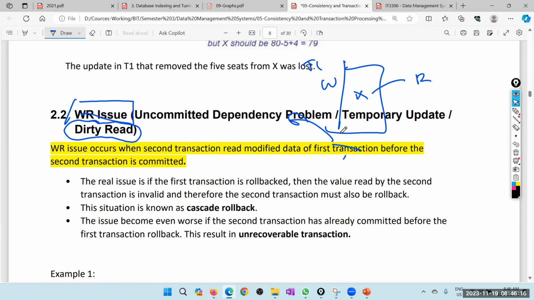If first transaction is also committed, then your transaction is also committed, that is not issue. But there's a possibility of your transaction, first transaction is rolled back, and without knowing that, you commit your transaction. So then your data is wrong. Your results are wrong. Maybe you took a report, that report is wrong.